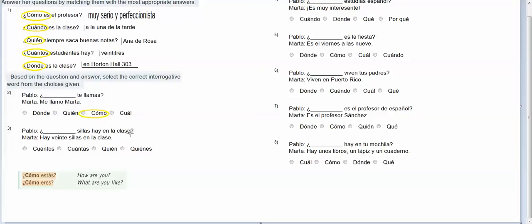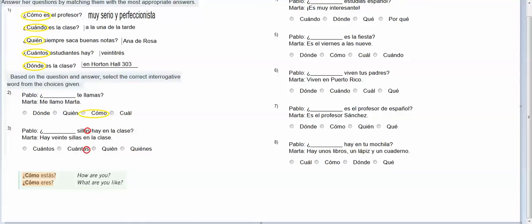Pablo, blank sillas hay en la clase, hay 20 sillas. So she's giving you a quantifiable number. Then you're probably wanting to know how many chairs. And remember, cuánto has to agree with the word it describes. So if we're talking about sillas, and sillas is a feminine plural word, then the cuántos that we want is cuántas because they match up, right?